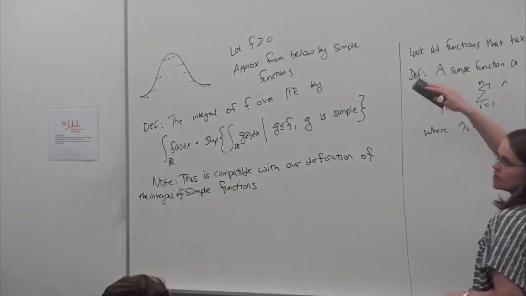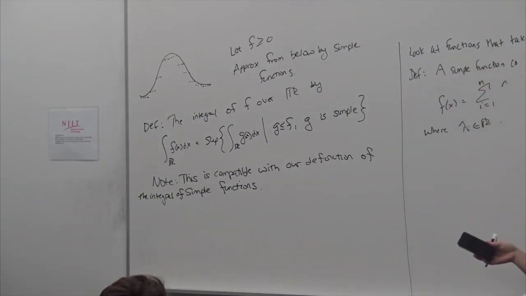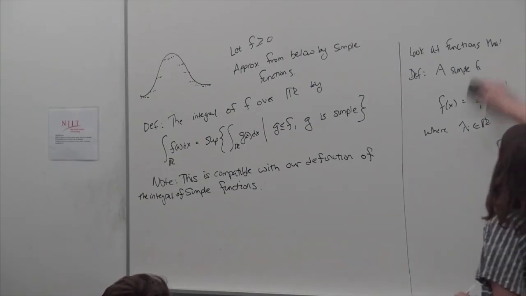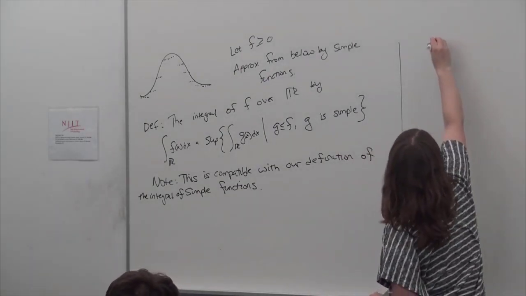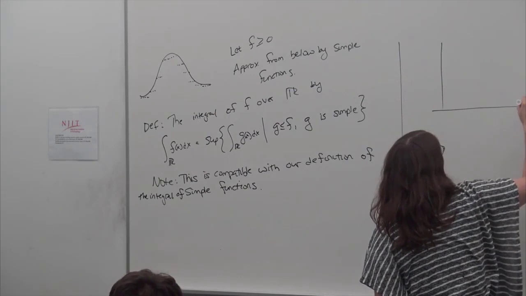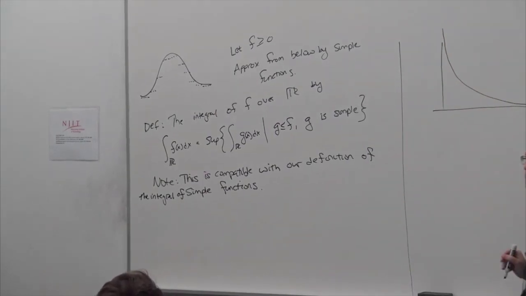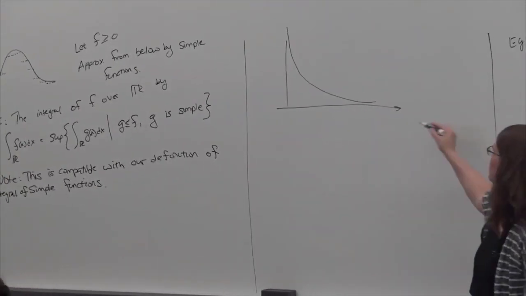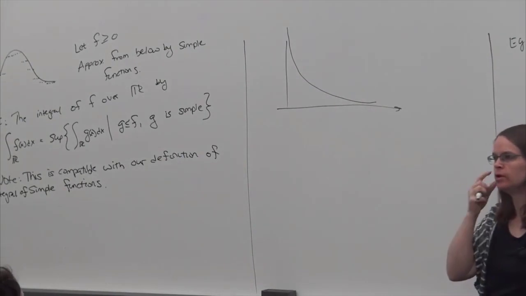We can do this for some functions that we couldn't do Riemann integrals for. Do you remember what was one class of functions that we could just never do Riemann integrals for? Yeah, unbounded functions. So with this, if I happen to have a function like this that is unbounded, but it's bounded below, but it's unbounded above, I can still approximate this from below, right?